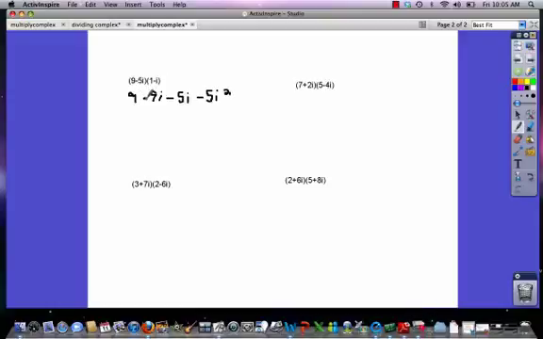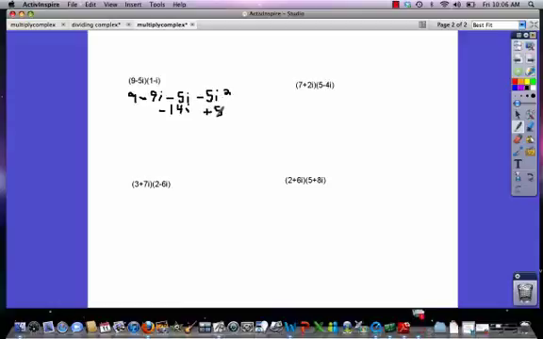Now, let's see, I got to go back and look. This is a negative. No, it's not. No, yeah, negative. Yeah, it is. Okay, so negative is negative 14i. All right, and this becomes positive 5, doesn't it?